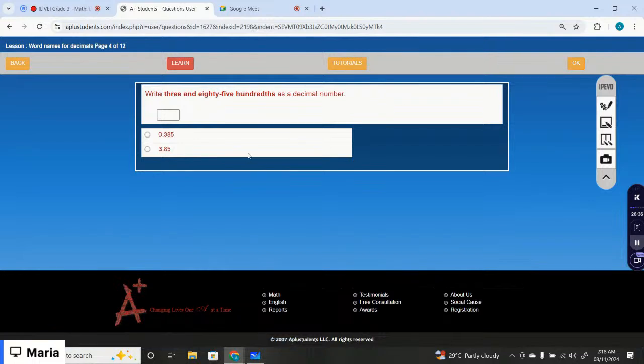That is option number 2. The number that is before "and" is the whole number, 3, so that is 3.85. Option number 2 is the correct option.